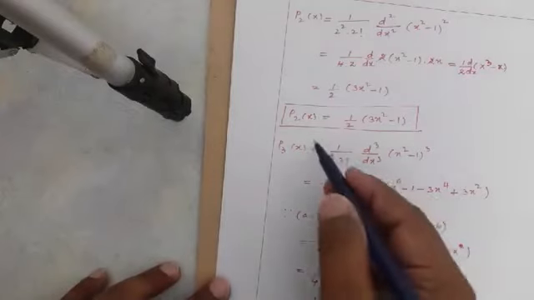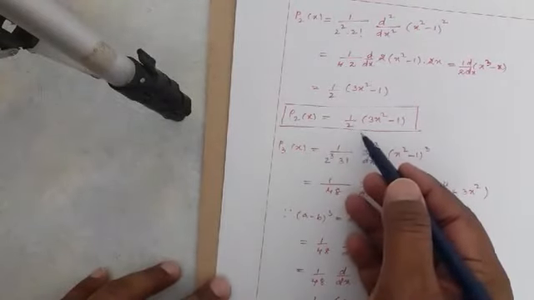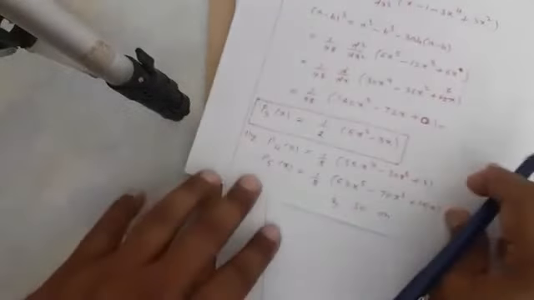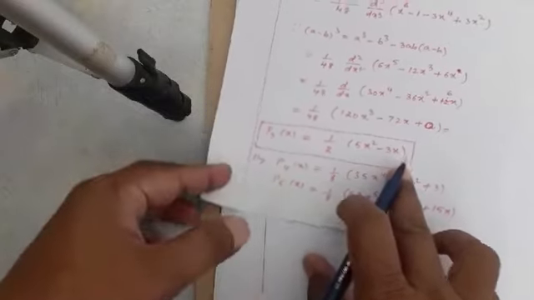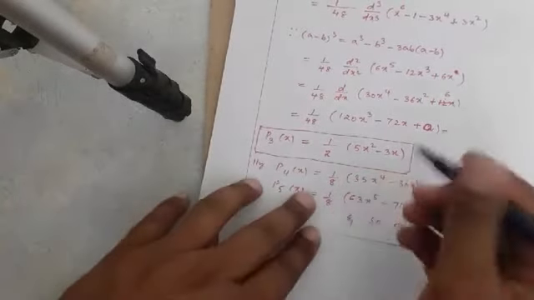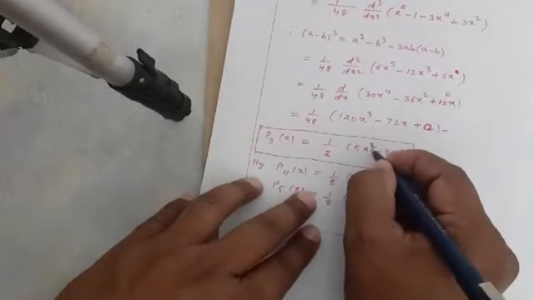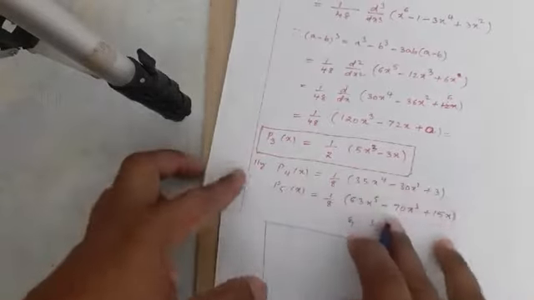Now before starting the problem, we got P2 of x, that is 1 upon 2 into 3x square minus 1. In the same way, P3 of x we got 1 upon 2 into 5x cube minus 3x, and so on.